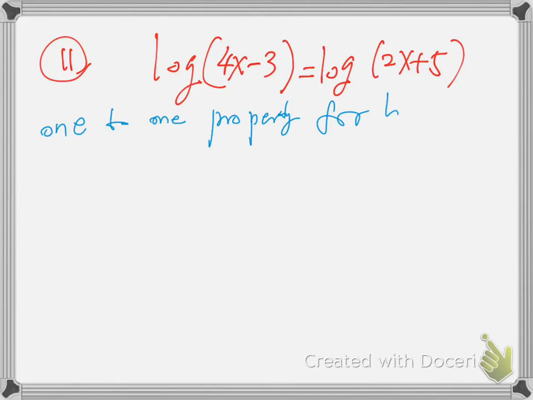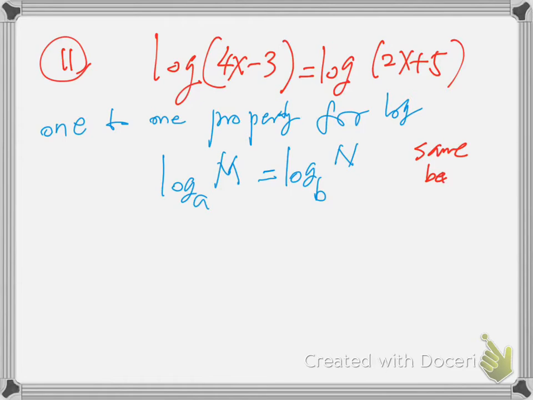What's the one-to-one property? If you have log base a of m equal to log base a of n, with the same base, then you can drop the log part. You get m is equal to n.